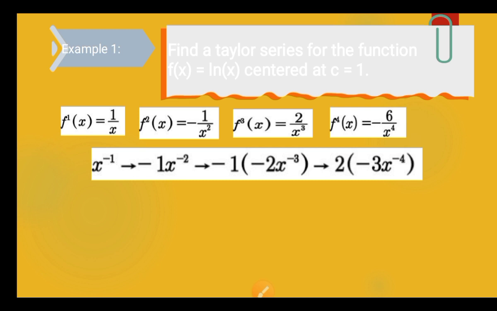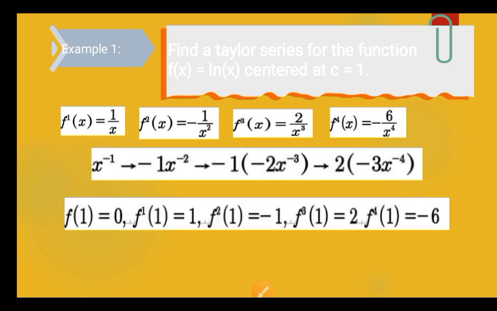So let's simplify it one by one. We have x to the negative 1, 1 times x to the negative 2, negative 1 times negative 2 x cubed, 2 times negative 3 x to the fourth. We're going to factor so that we get 2 times 3 equals 6 and x to the negative 4.